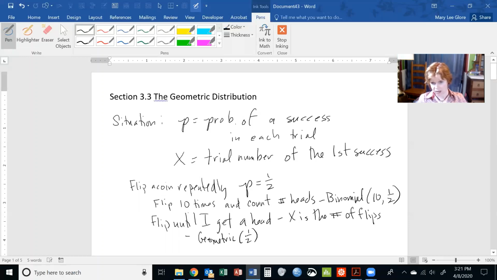So there's no N because it's not a fixed number of trials. As soon as I get a head, I'm done. So if I flip a head on the first trial, then I only do one trial and I'm done. But if I get a tail, the next one's a tail, and the next one's a tail, and eventually, on the 10th flip, I happen to get my first head, then X is 10. All right, so that's the geometric distribution.